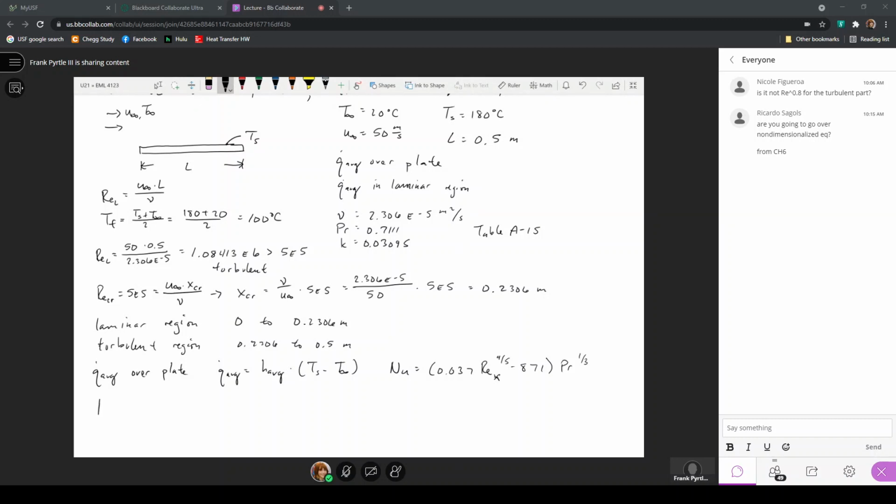So here then the Nusselt number would be equal to 0.037 times this Reynolds number of 1.08413 times 10 to the 6 raised to the 4/5 minus 871 times the Prandtl number of 0.7111 raised to the 1/3 power. So that now we can calculate the Nusselt number.